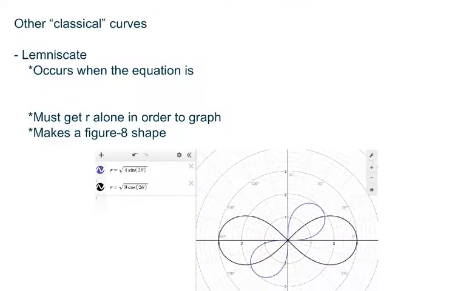The other two classical curves, and I'm not going to make a whole table and all that. The first one is called the lemniscate. L-E-M-N-I-S-C-A-T-E.